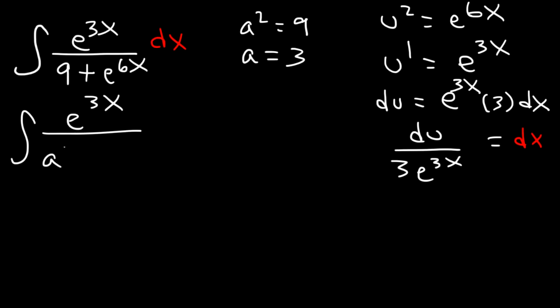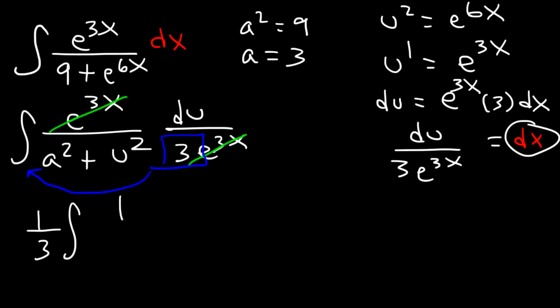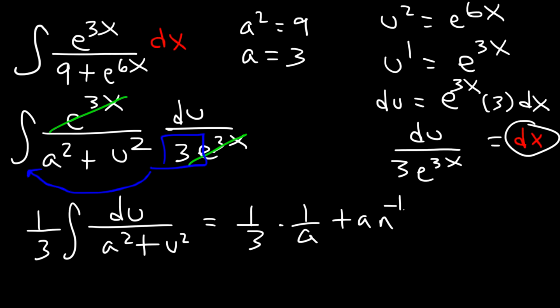9 is a squared, and let's replace e to the 6x with u squared. And let's replace dx with du divided by 3 e to the 3x. So we can cancel e to the 3x. And now let's take this constant and move it to the front. So that's going to be 1 over 3 integration du over a squared plus u squared, which we know is the arctangent formula, which is 1 over a arctan u over a plus c.